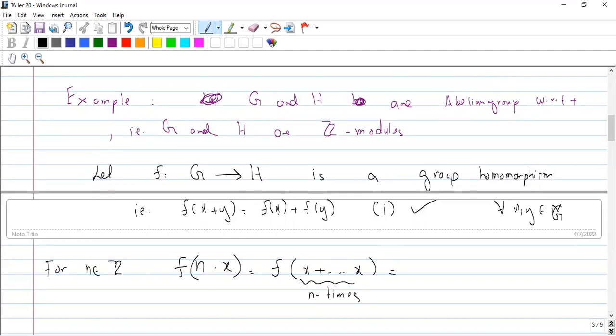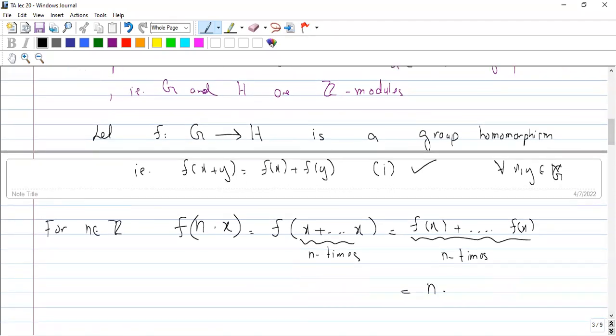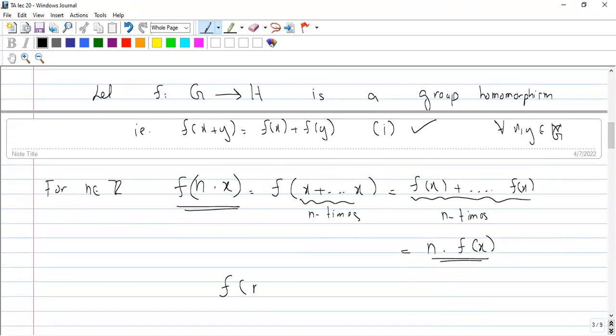Now since this property holds, I can write this as f of x plus f of x, n times, which is equal to n times f of x. If we compare the left hand side with the right hand side, we find that f of nx is equal to n times f of x. That is, condition 2 holds automatically.